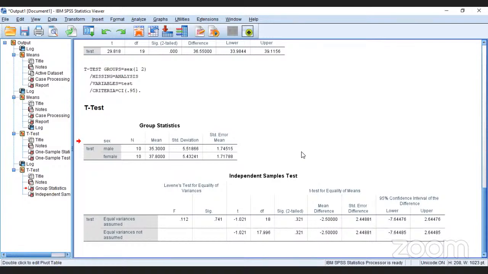So here you will find the Levene's test for equality of variance. Is it visible?